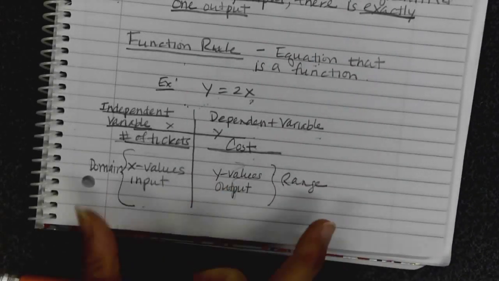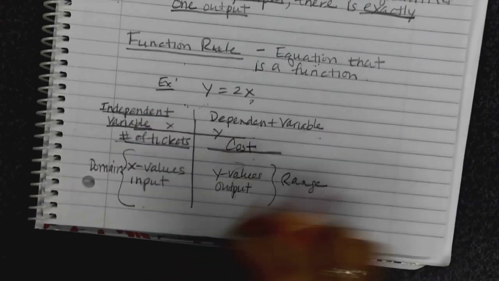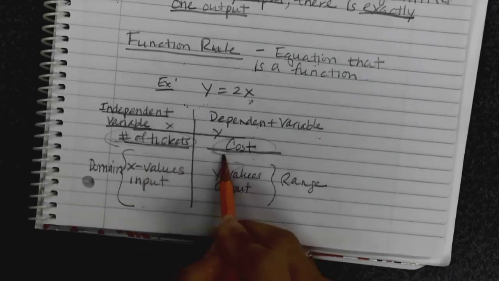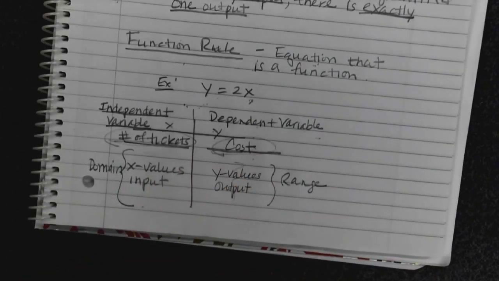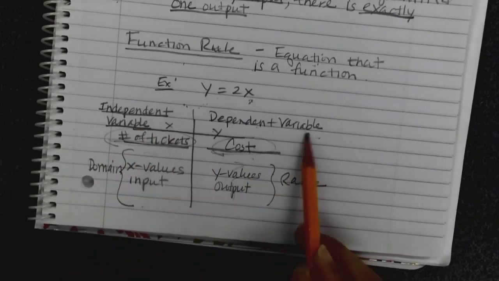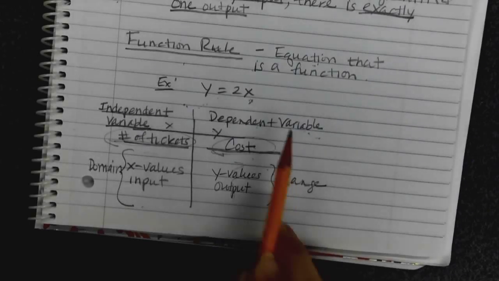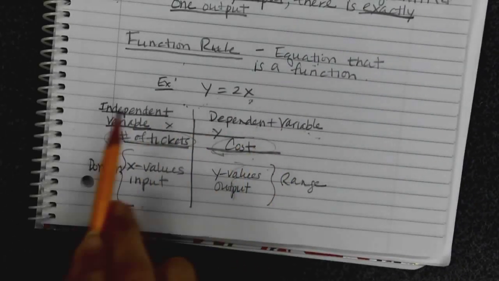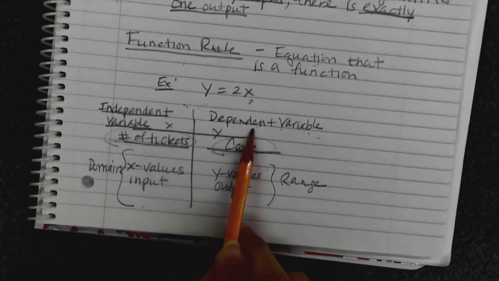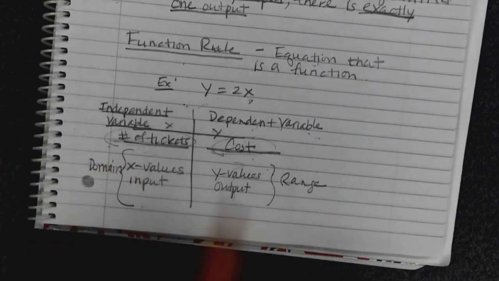So domain and range are the numbers. Independent variable and dependent variable are the descriptions for those numbers. Independent variable is what you control, and dependent variable is the result. Dependent always depends on independent. That's why the word dependent is there. This depends on this.